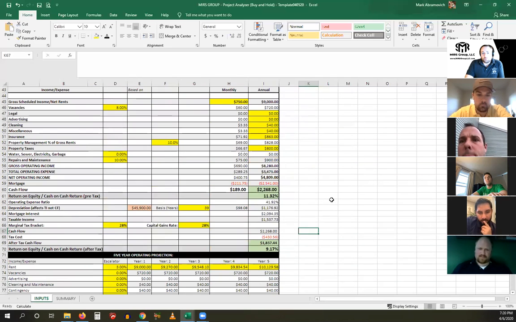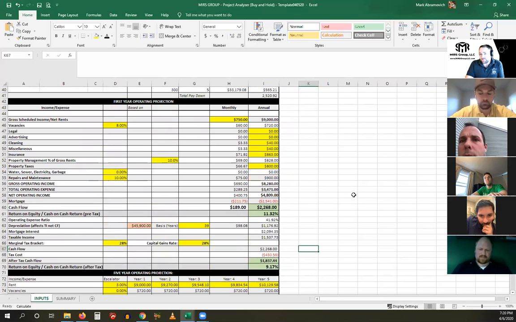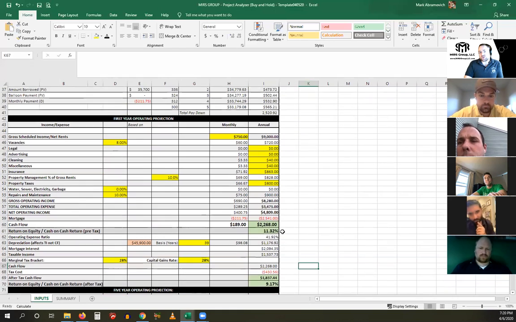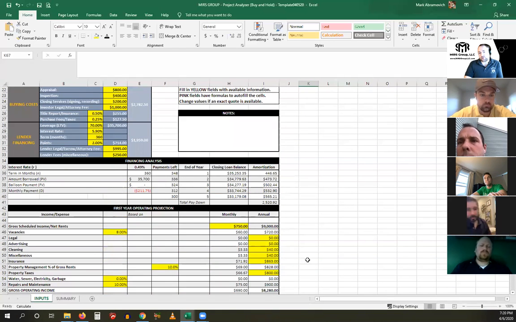So essentially, once we've gotten through this one year, this is a one year analysis. It doesn't incorporate renovations, and we'll talk about how to incorporate those if you need to do them. This is your one year analysis, and it tells you what your return is with a mortgage on the property.